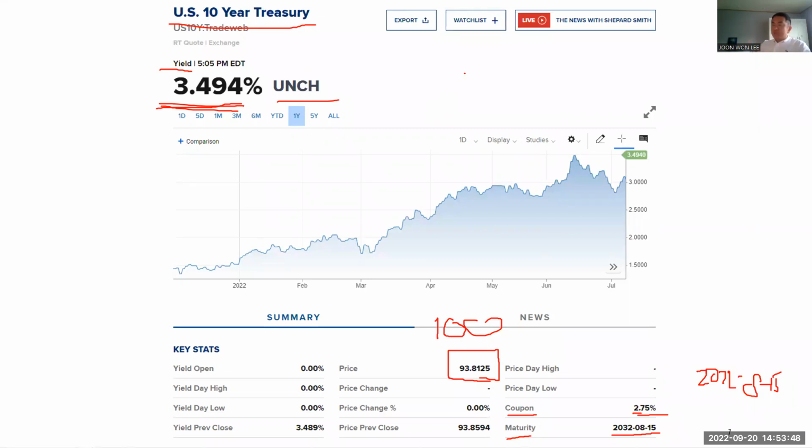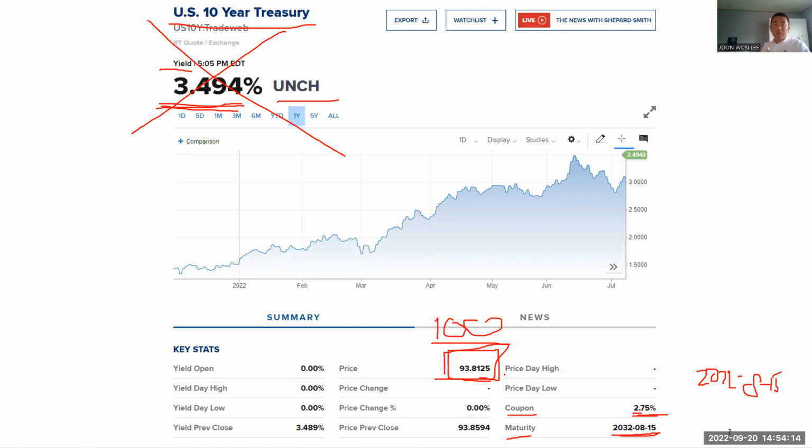What the textbook says is that, okay, the textbook does not talk about this chart. They talk about, we only know this price and the coupon rate and the maturity, and the par value is 100.